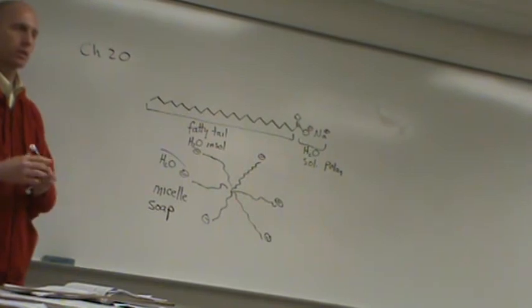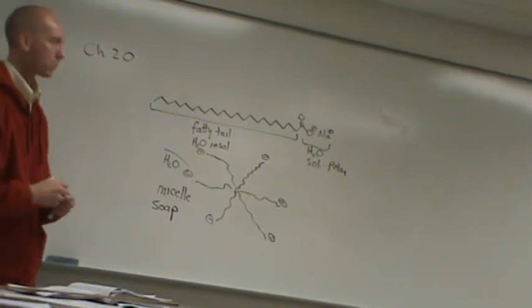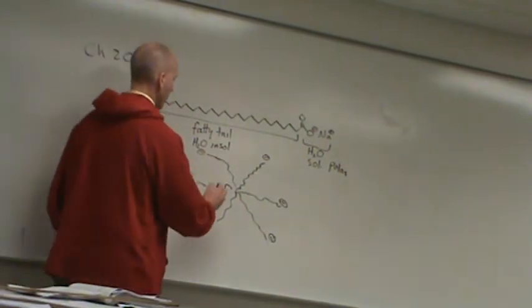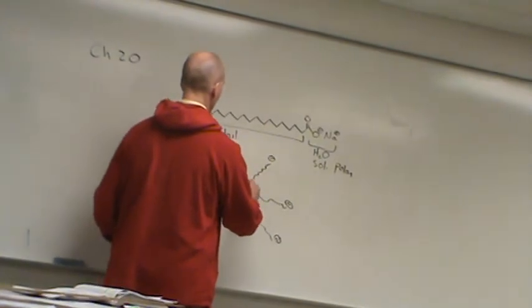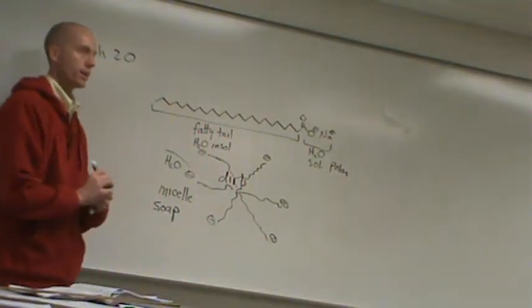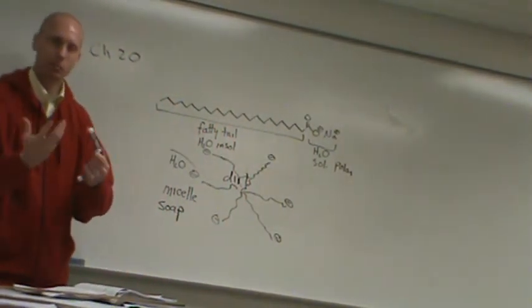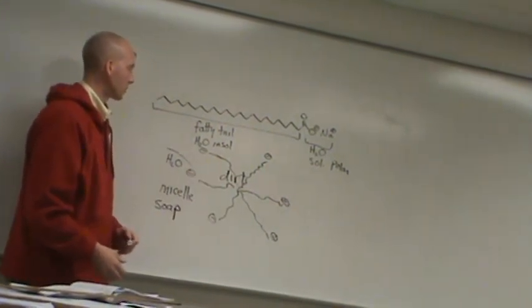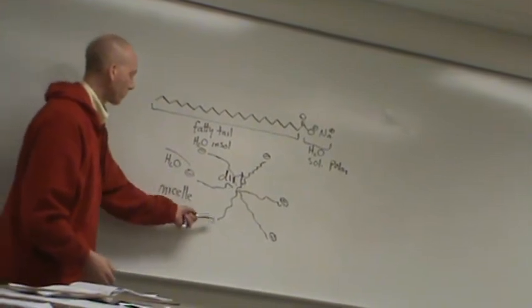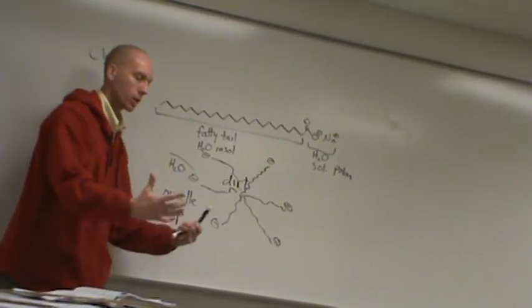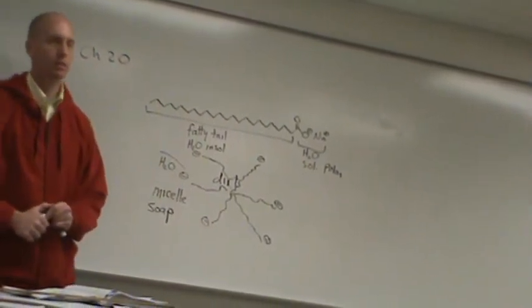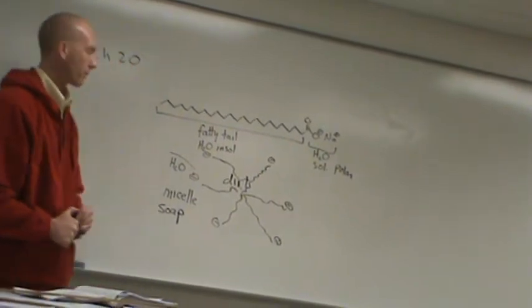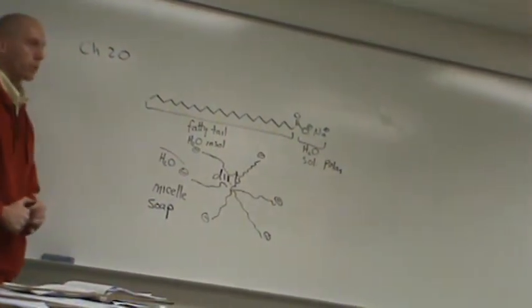The soap that you buy and it suds up, what happens is, when you wash your hands, the dirt is usually fatty of some type, and so that mixes with the fatty tails, and then the polar heads mix with the water, so it takes it down the sink. So that's the mechanism of how soap works.